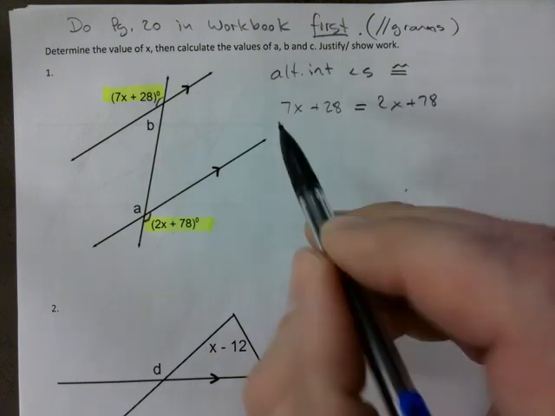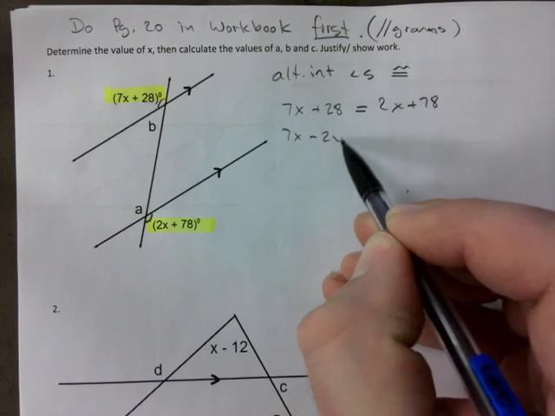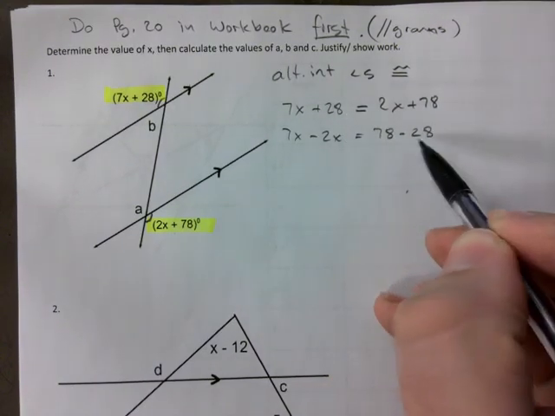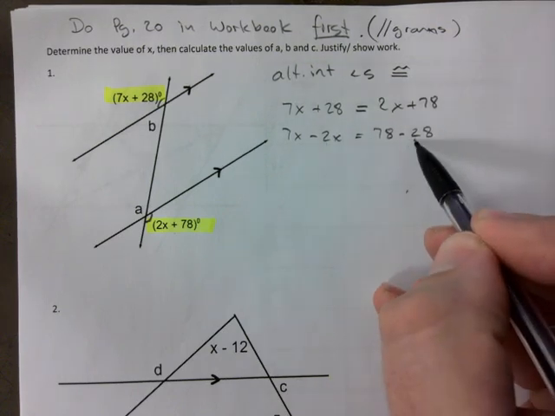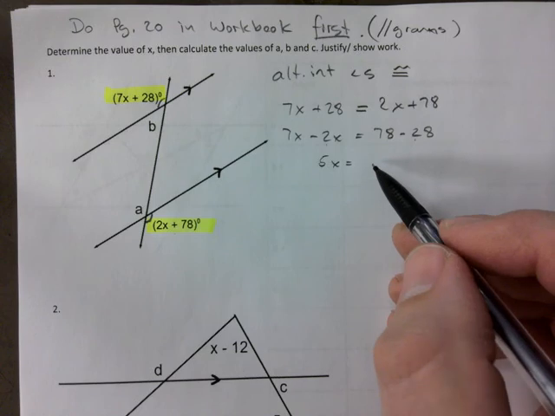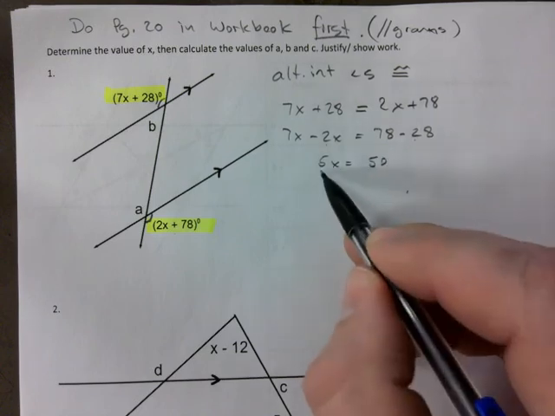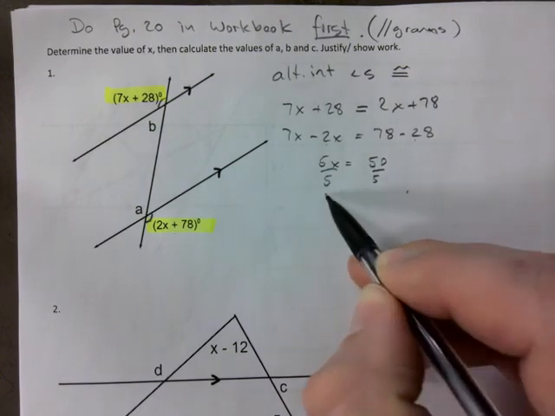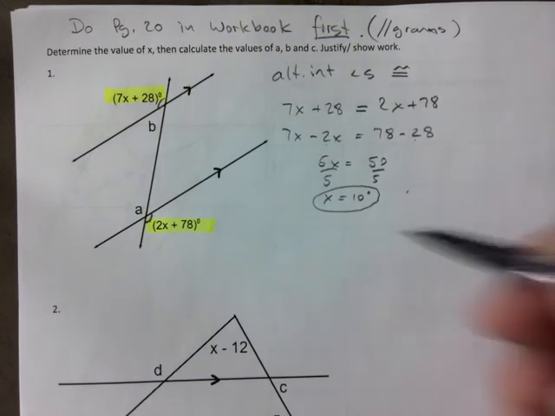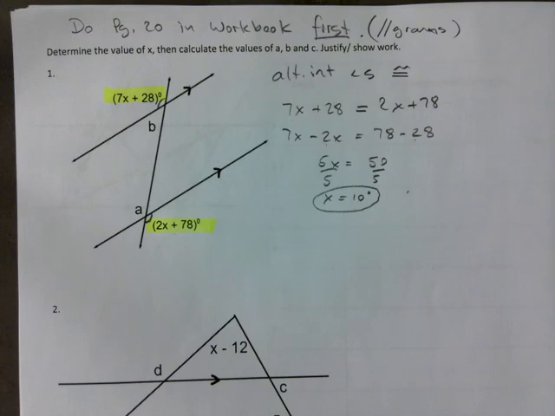And so I'm going to bring over the 2x. And on the other side, I bring over the 28, subtracting, so they both subtract when they come over. That's 5x equals 50. Nice and easy, right? X is equal to 10 degrees. So you solve for x there.